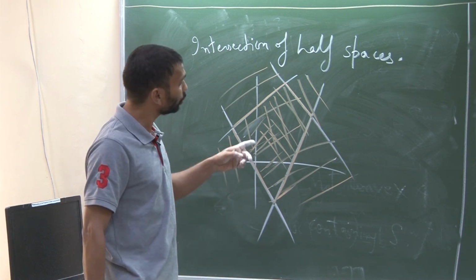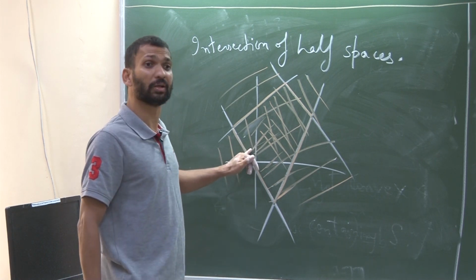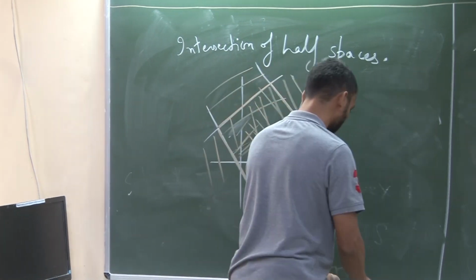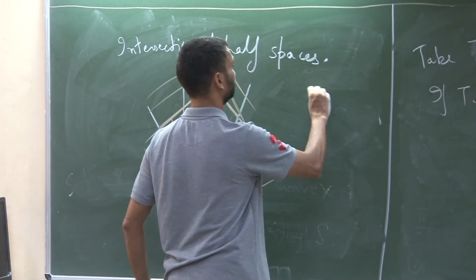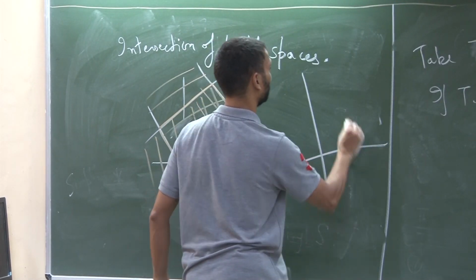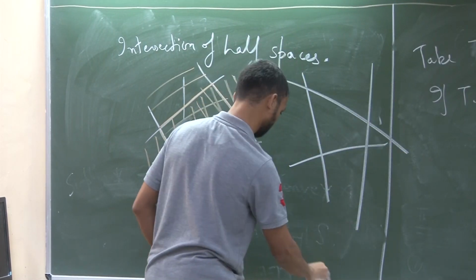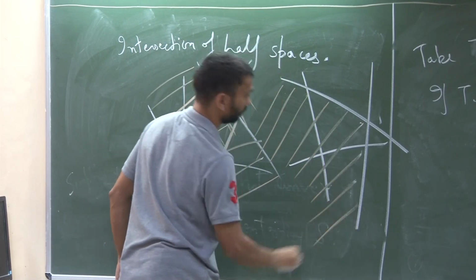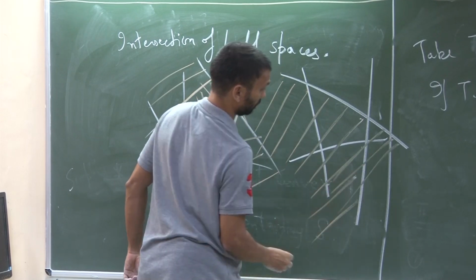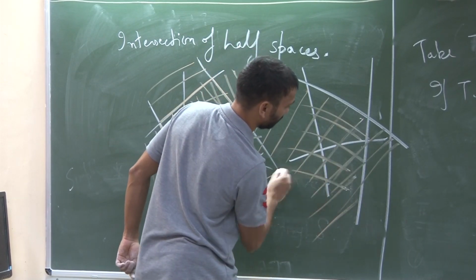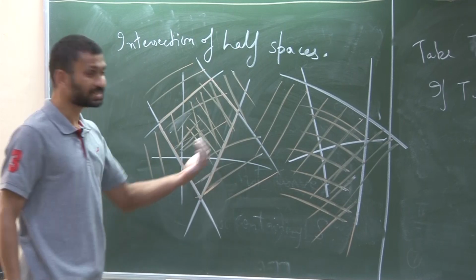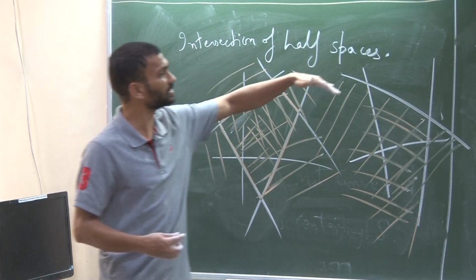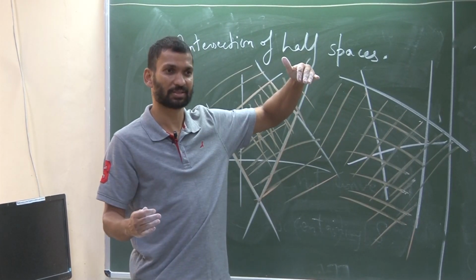Okay, but now you also see that it need not be bounded, right? For example, if I take intersection of this, this is a convex thing, but it is not bounded, but whatever boundaries are there, they are lines.